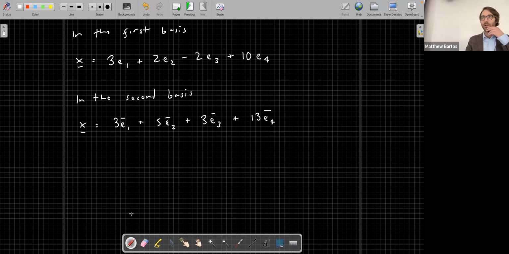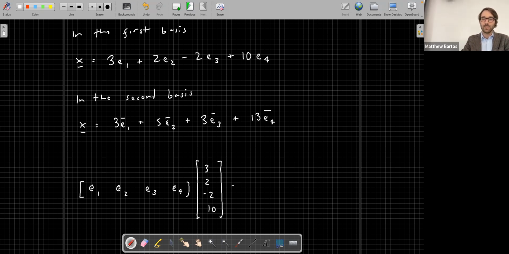Often in this class, I will write them with the basis elements on the left side and the coordinates on the right side. So for example, in this case, we would have that E1, E2, E3, E4 times 3, 2, negative 2, 10 is equal to E1 bar, E2 bar, E3 bar, E4 bar times what?